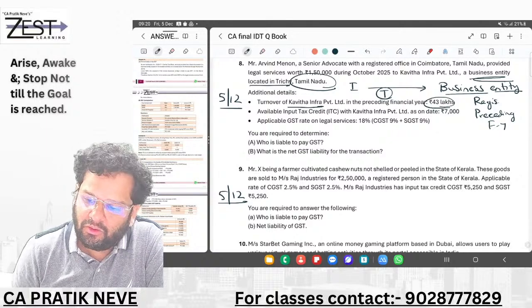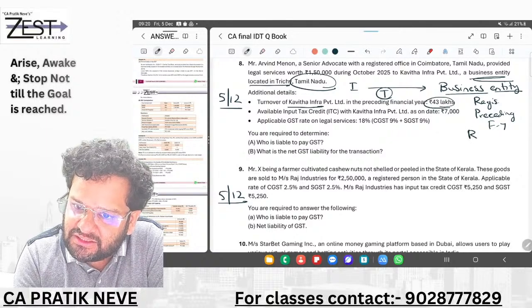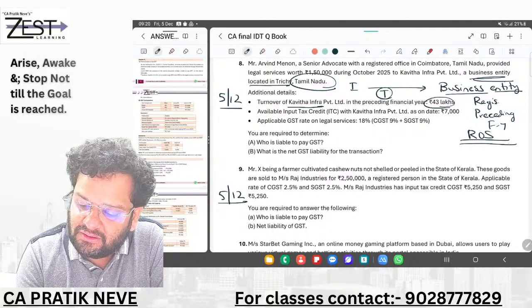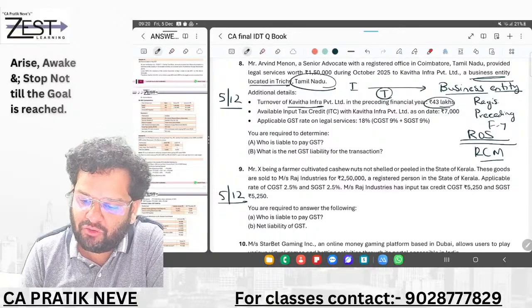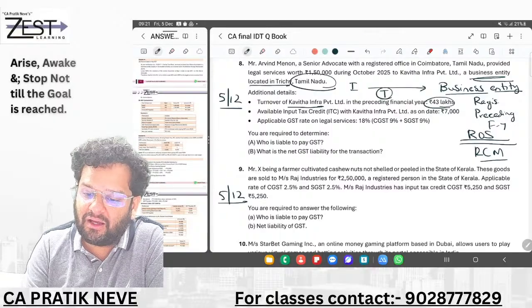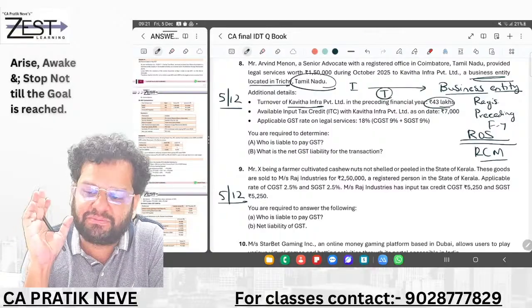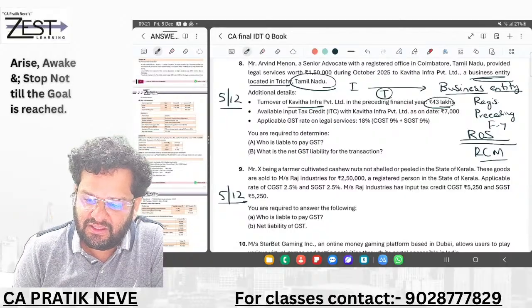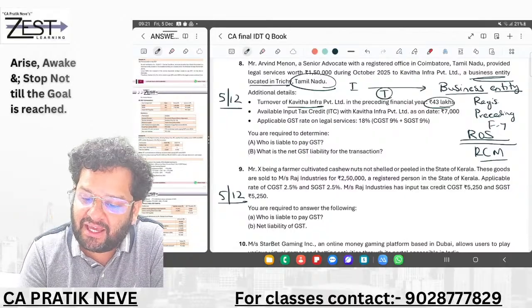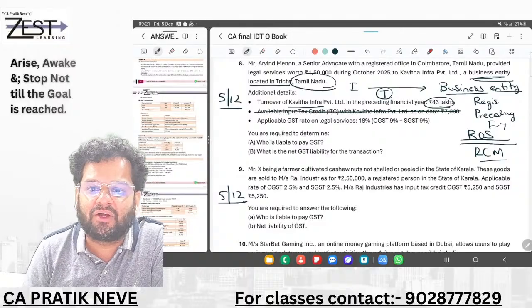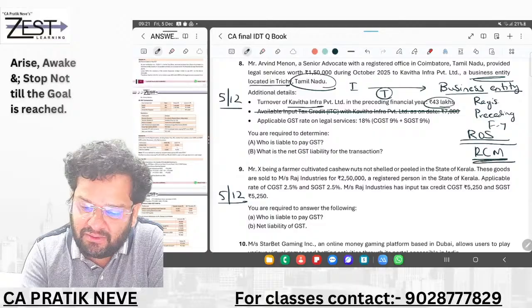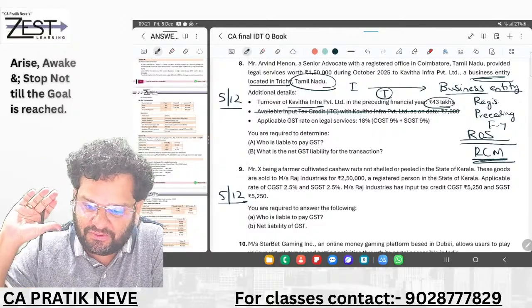So when this service is going to become taxable, you know that GST in such cases will be payable on reverse charge mechanism basis. So it will be the liability of Kavitha Infra Private Limited to pay GST. Available ITC they cannot use, because this is GST payable on RCM. It has to be paid in cash.